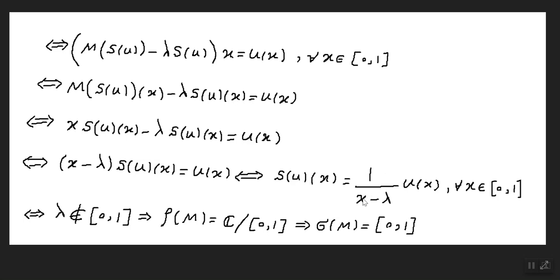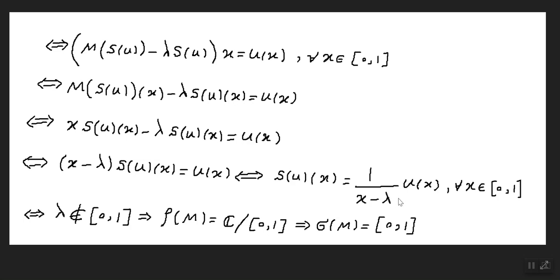Look at here, we have 1 over x minus lambda. So if we want S to exist, it means if we want M minus lambda I to be invertible, it means the inverse, which is S, must exist. Look at here, 1 over (x minus lambda) times u of x. X belongs to this interval, right? It means lambda cannot belong to this interval. For example, if lambda is 1/2, then if x takes 1/2, then 1/2 minus 1/2 is 0, which is not defined.